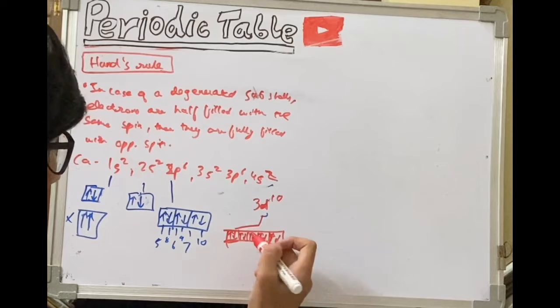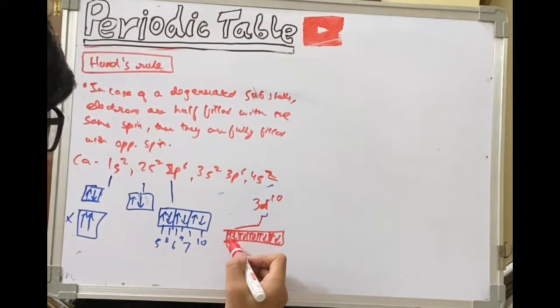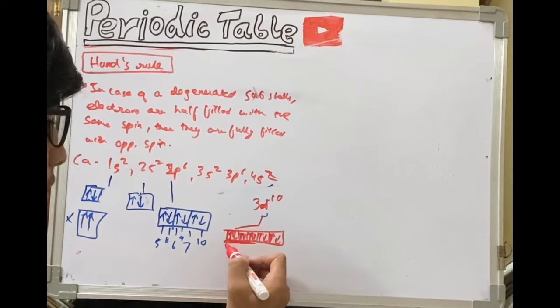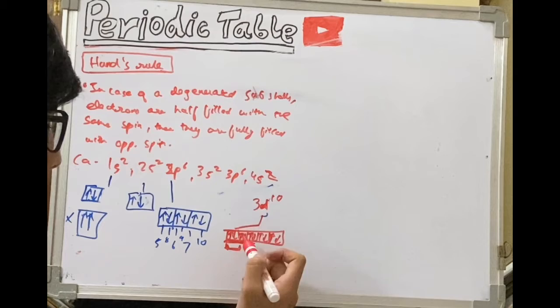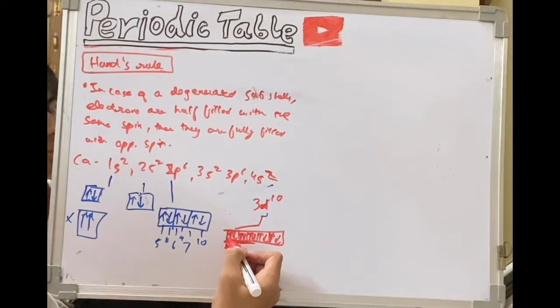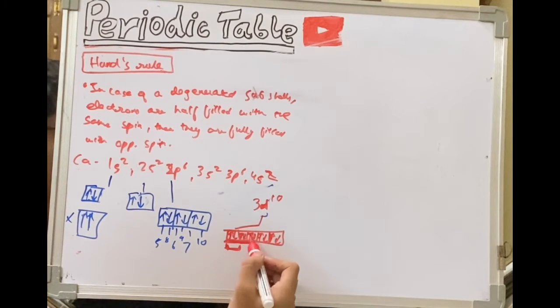Just remember that this electron, this electron, this electron, these all will be simultaneous and not these two. So if this is the 10th electron, it will be 10, 11, 12, 13, 14, 15, 16, 17, 18, 19.